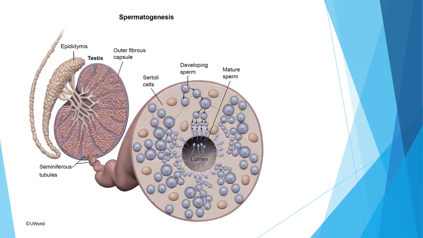Now, we can see this is the basic structure of the testis and the cut section. Here we have the epididymis, and then this is the cut section of the testis where we can see the outer fibrous capsule. If you zoom in, you can see that this is the lumen containing mature sperm, and here is the developing sperm, and this figure shows you the basic physiology behind spermatogenesis.